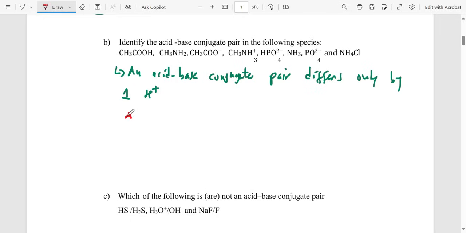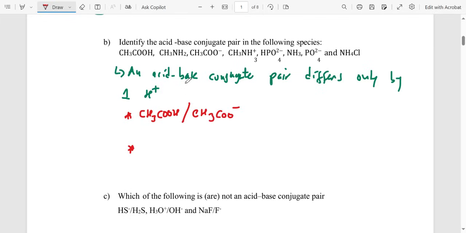The first example that we can pick, look at this. We have got acetic acid, CH3COOH. If you look at any molecule that has got one hydrogen less than this one, it means that it's the conjugate base, because the acid always has got more hydrogens. So the conjugate is this one.